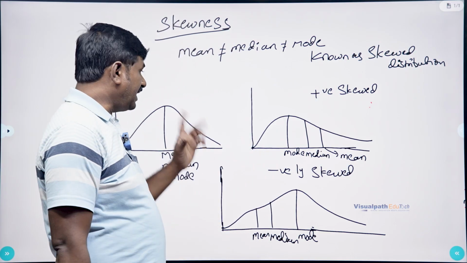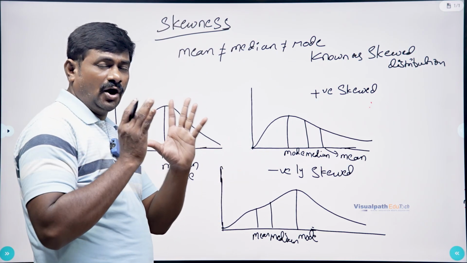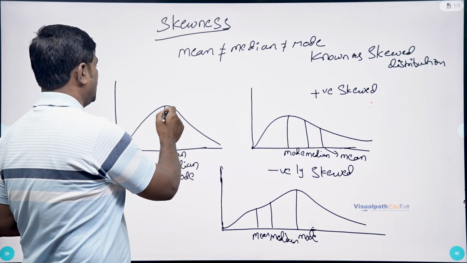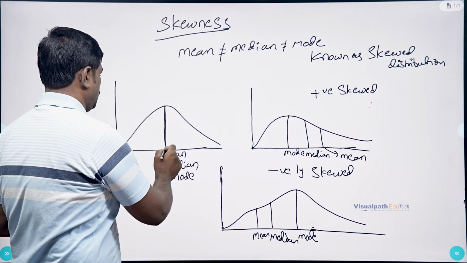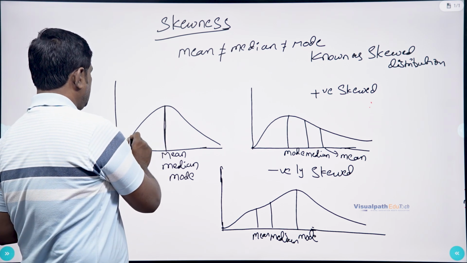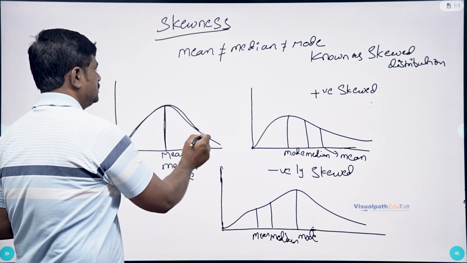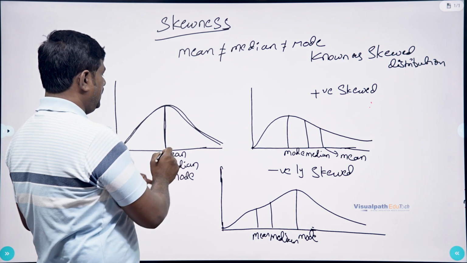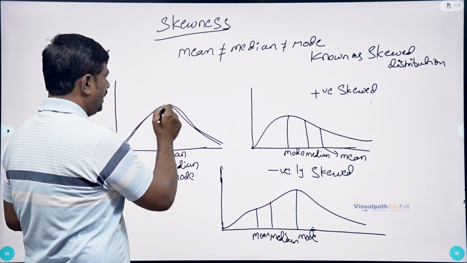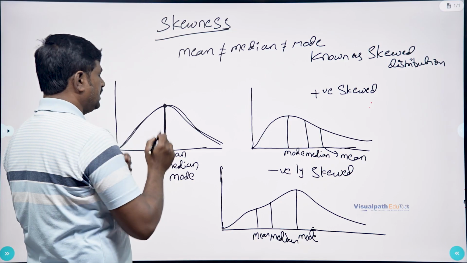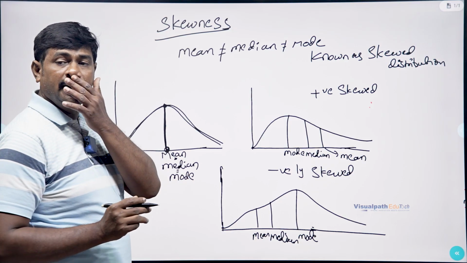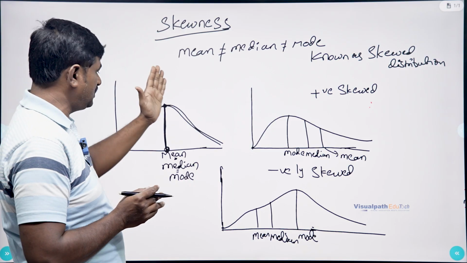When the distribution is a normal curve, the general distribution is nothing but the unskewed distribution. We can show the graphical representation, these being the values the distribution can take. Here the mean value will be here, the median value here, and the mode here, so mean is equal to median is equal to mode, taking the normal distribution values.